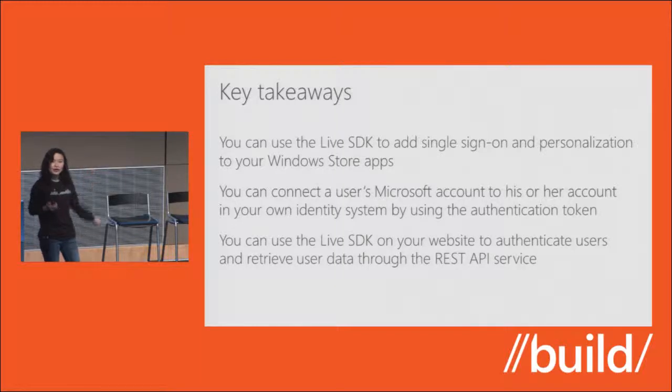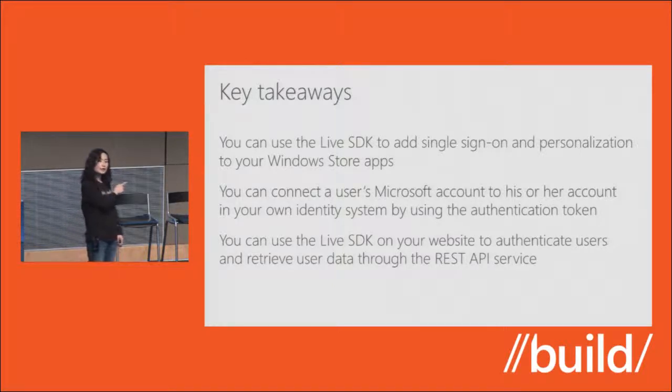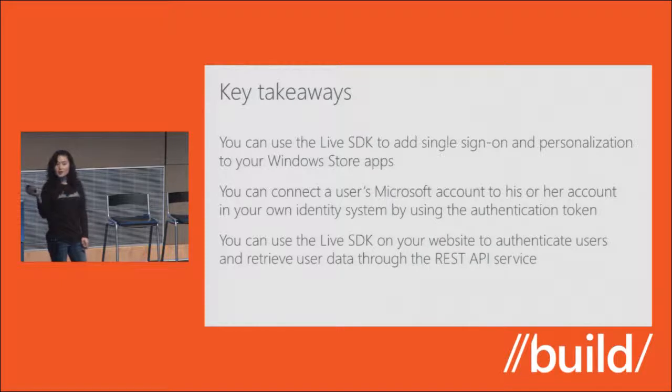Second is you can connect a user's Microsoft account to his account on your own website using this authentication token. It's a bridge between these 2 systems. And the third is you can also use Live SDK on your website to directly retrieve information for this user and implement things like sign-up process.